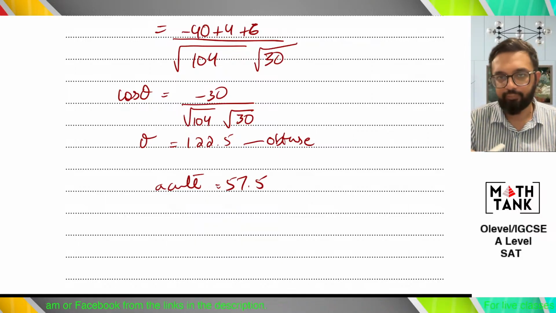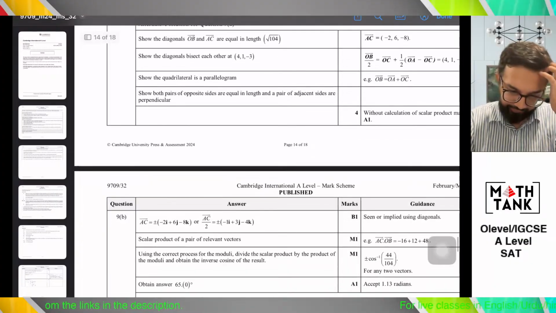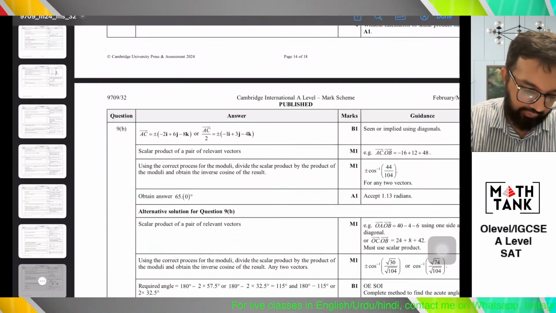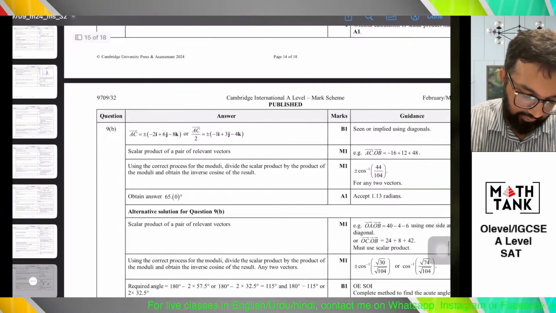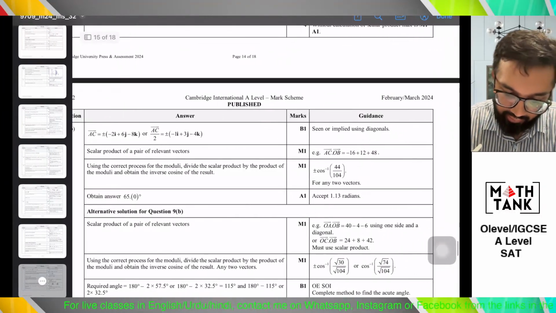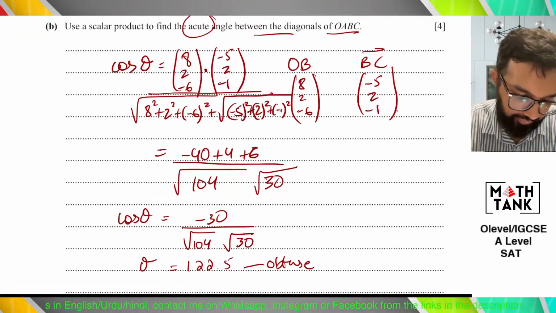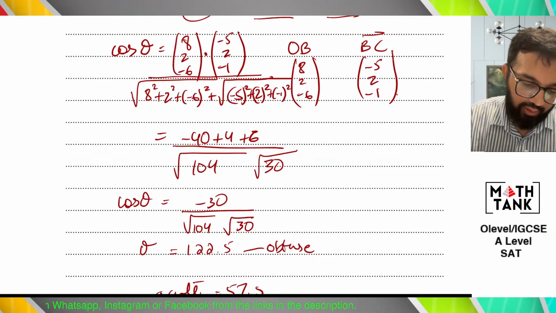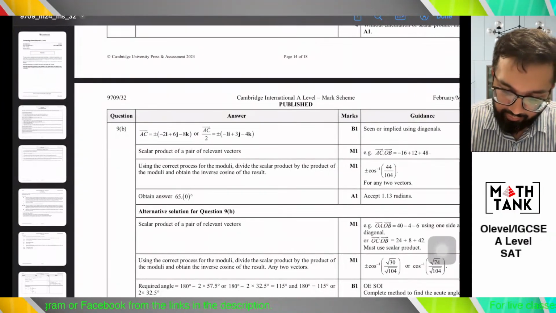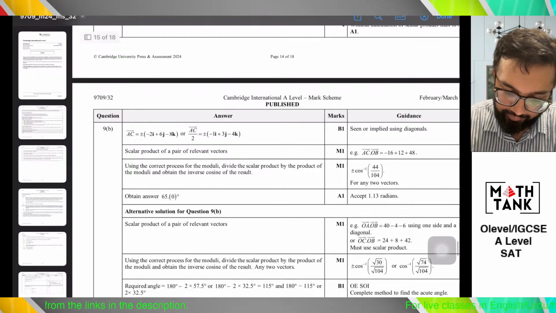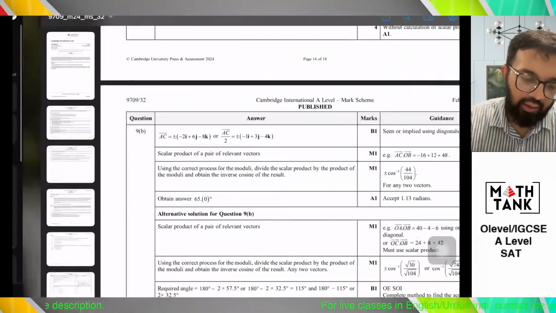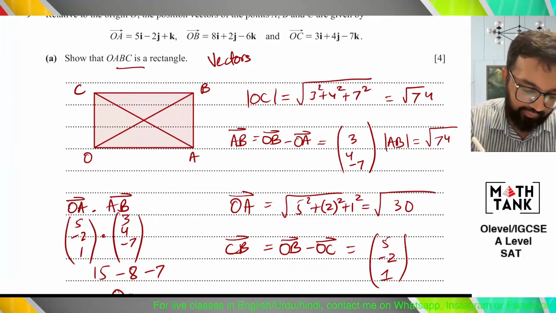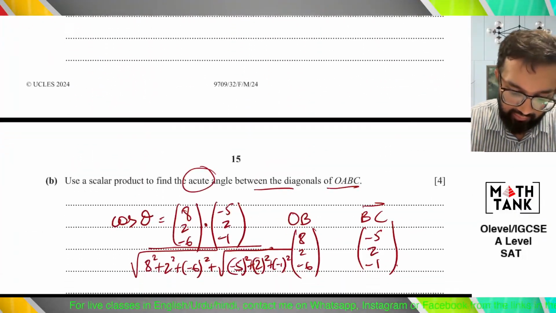7.5। और कुछ गलत कर दिया। लेट्स सी क्या गलत किया हुआ है। OBC सब क्या है। आई थिंक मैंने जो है वो डायगनल का नाम वाला देख लिया। AC was the diagonal.